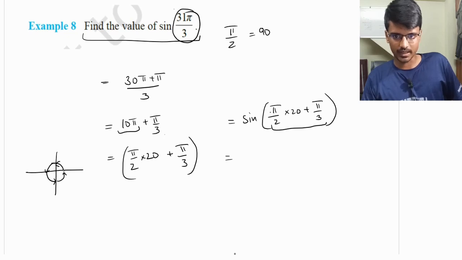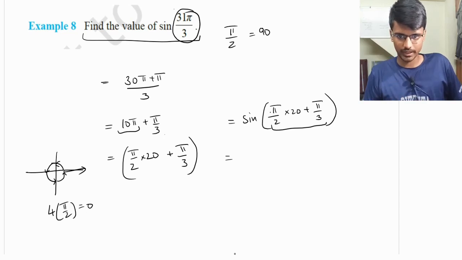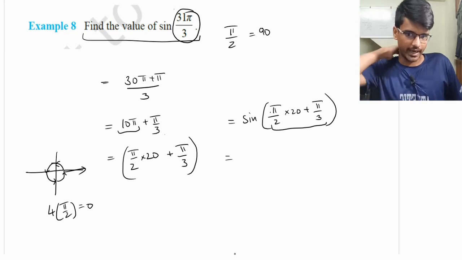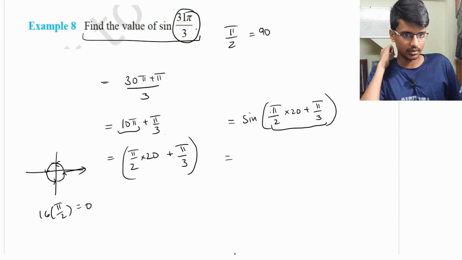If I do 4 pi by 2's, I'll come back to 0, right? I have to do 20 such things. When I do 16 pi by 2's, I'll come back to 0. With 20 pi by 2's, I'll come back here only.